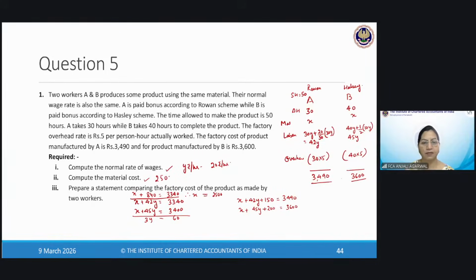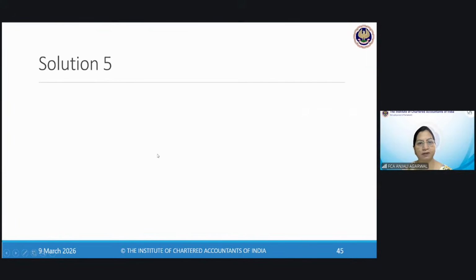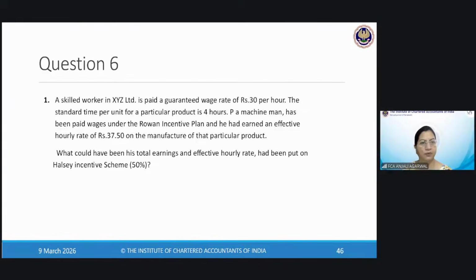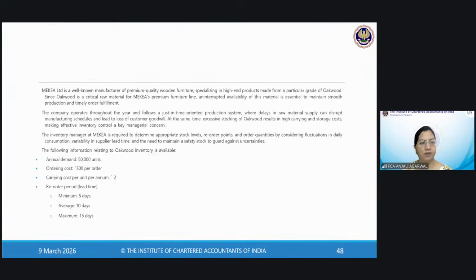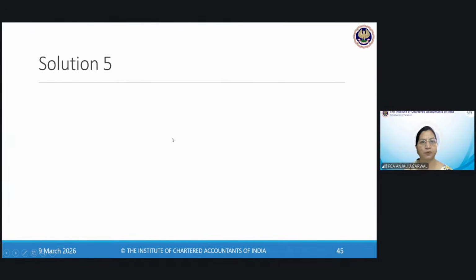Right? So this is another type of question which you may be asked using Halsey and Rowan. I hope this is clear to you. So I was trying to take up a MCQ also, case scenario. We are short of time, so you can try it out. If you have any queries, you can always paste it in the chat window.